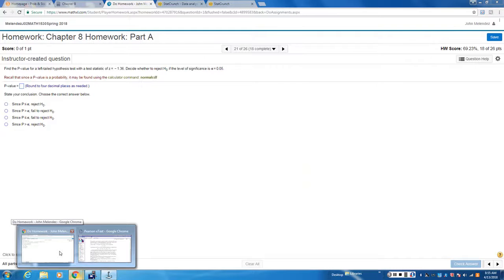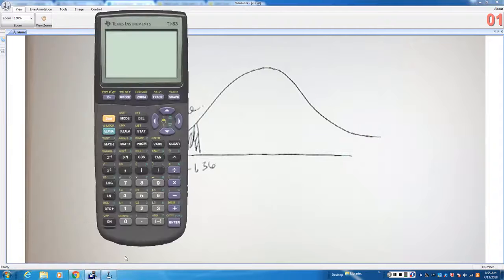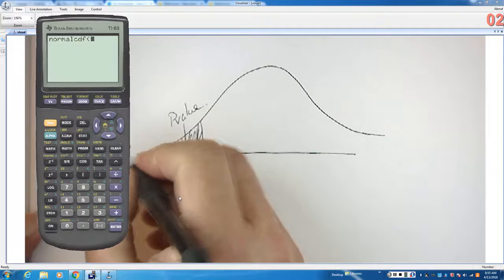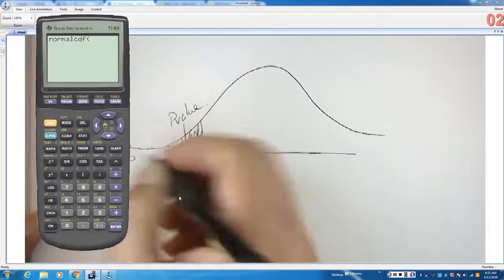So now in order to find that p-value, we're going to go to our calculator. Let's clear it off. We're going to go to second and vars, and go to normal CDF. Now notice that this is negative infinity right here. It's going on forever on this side.